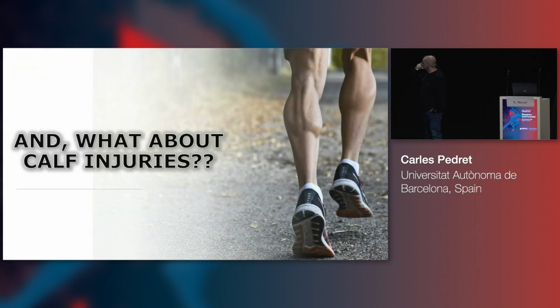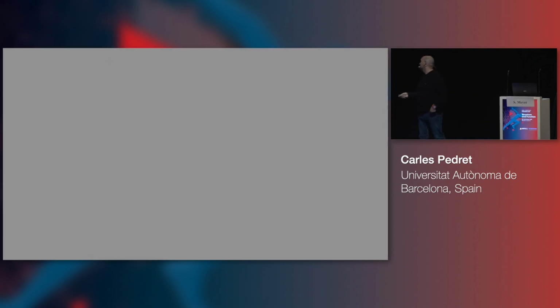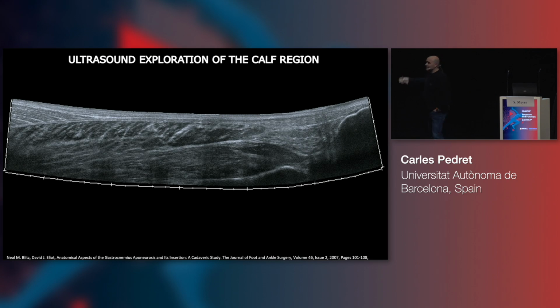From here, as I said, we need to understand that it's all about the anatomy. Okay? So if we understand the anatomy, we understand what's going on with calf injuries. So here we have an ultrasound panoramic view of the whole calf, okay? And what we see mainly is the medial gastroc up here, the soleus muscle below, and flexor hallucis longus, even above all of them, the Kager fat pad, the Achilles tendon, the tibia bone, the calcaneus bone.